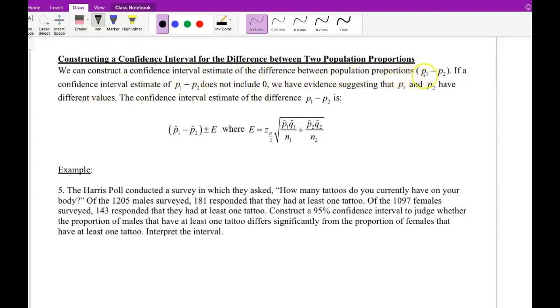So we have these two population proportions, P1, P2. We want to find what that difference is. So if a confidence interval estimate of P1 minus P2 doesn't include 0, so if that was not equal to 0, we have evidence suggesting that P1 and P2 have different values.